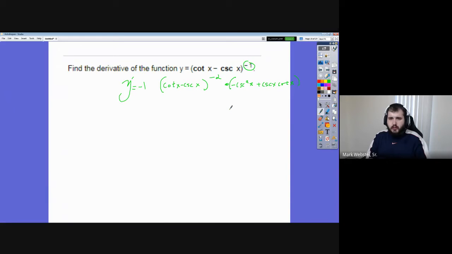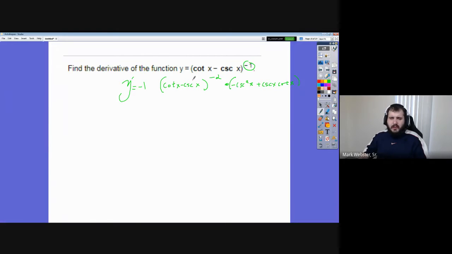Don't. You shouldn't. There's no reason to. You probably could simplify this, but why? Why do it? There's no reason. Leave it like this. You are done now. The AP exam is going to be like, no, you can leave it like this. Here's all your points.